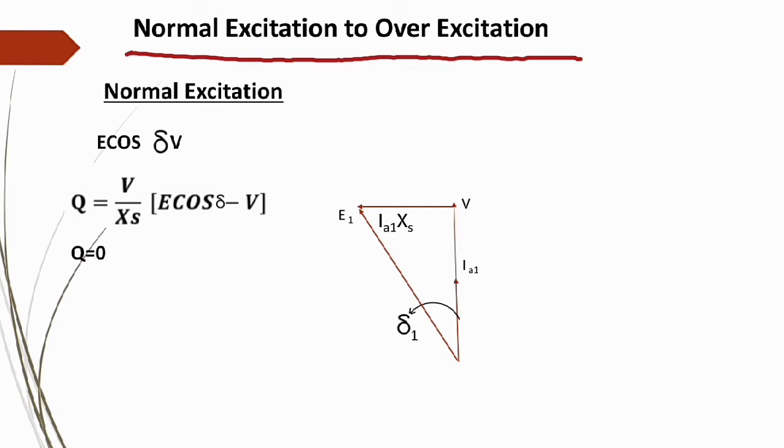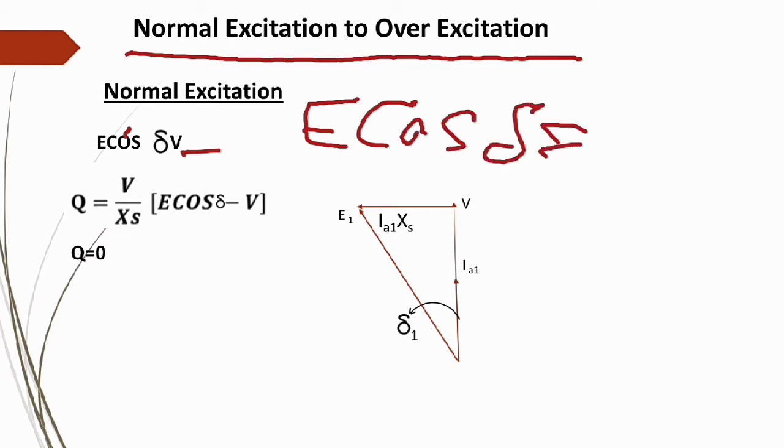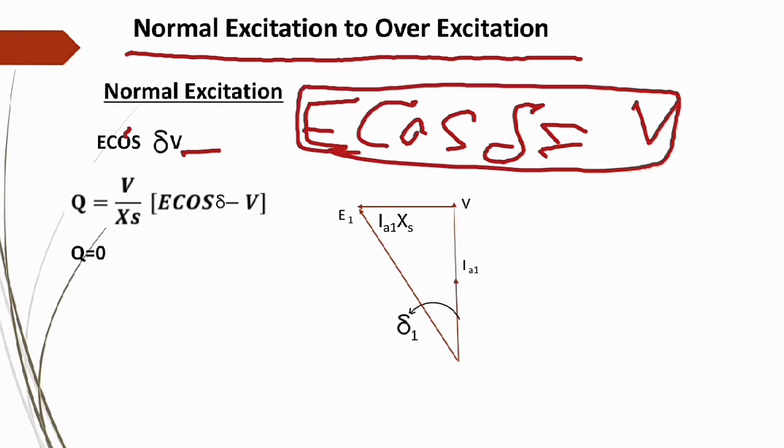So for normal excitation, you know, E cos delta equal to V. This is the condition for normal excitation, which I have already discussed in my previous video.